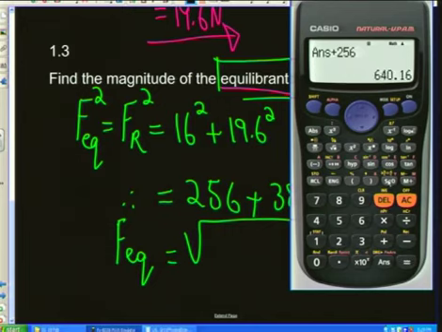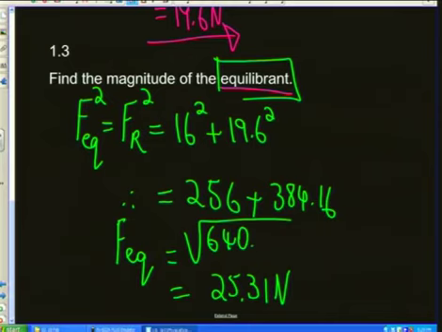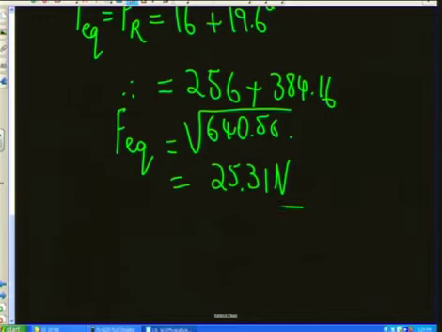And then you're getting the square root of that, which gives you 25.31 newtons. This was 640.56, I think it was something like that. All right, so that's what you have.